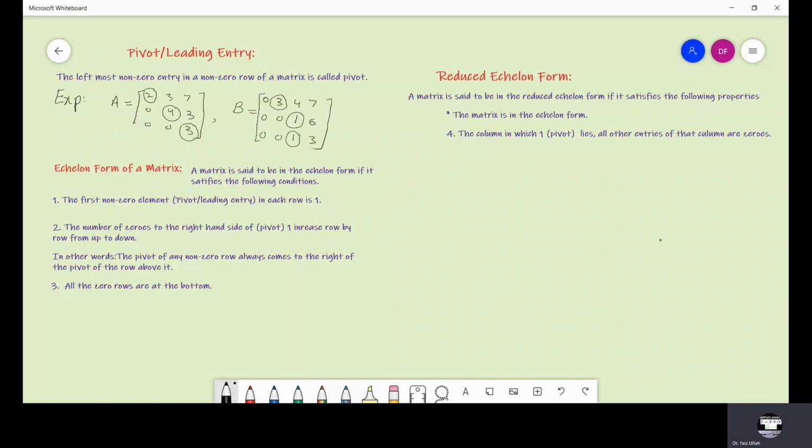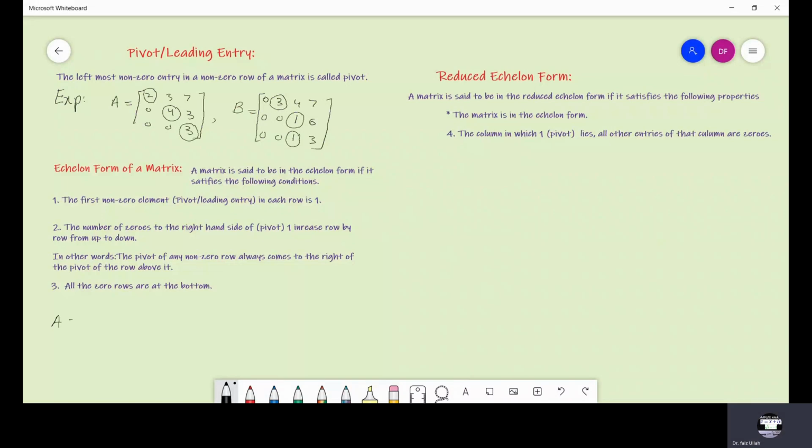Number 2, the number of zeros to the left hand side of 1 increases row by row from up to down. And number 3, if there is a zero row, that must be at the bottom of the matrix. Let us see some example.